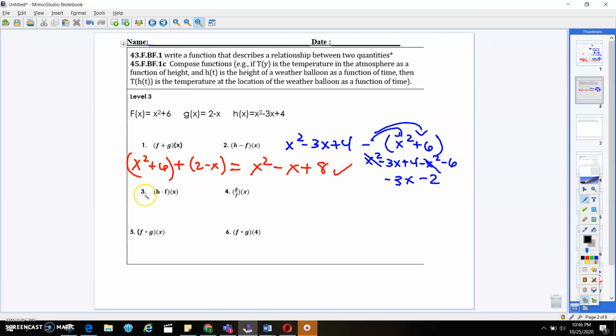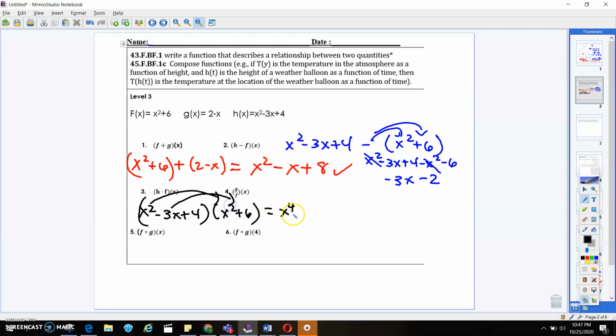On number 3, we've got multiplication. So we have h, which is x squared minus 3x plus 4, and we're going to multiply that times x squared plus 6. Remember, when we do this, we're going to multiply each individual thing times this other stuff over here. So x squared times x squared is going to give us x to the 4th.